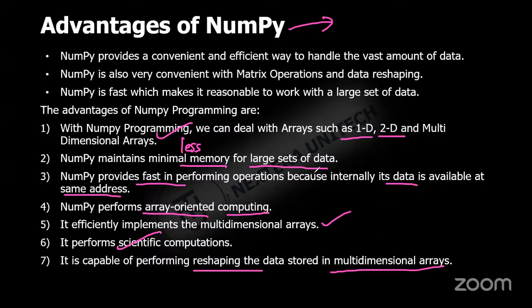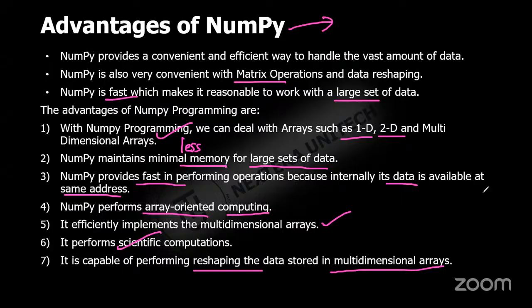By keeping all these in mind, we have the advantages defined. It is very convenient to work with, and matrix operations can be done easily. It is very fast, even though the data is very large. Even if you are working on large sets of data, NumPy is very fast. So these are the list of advantages.